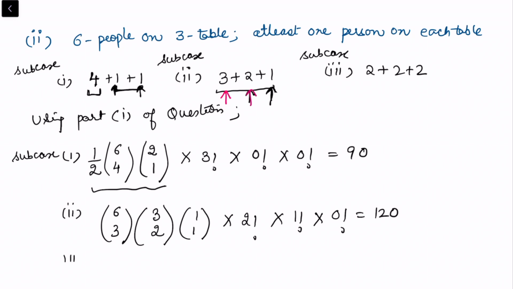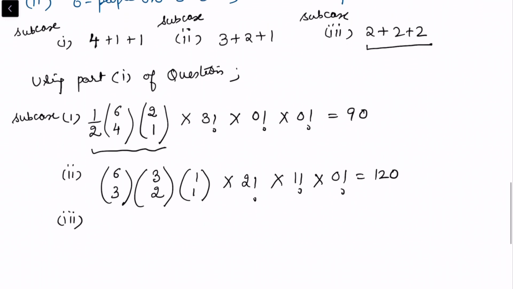For subcase 3, we need to be again very careful. As we can see, for subcase 3 there are 2 plus 2 plus 2, so we have equal grouping size. So first we are selecting 2 people out of 6, and from the remaining 4 we are further selecting 2.